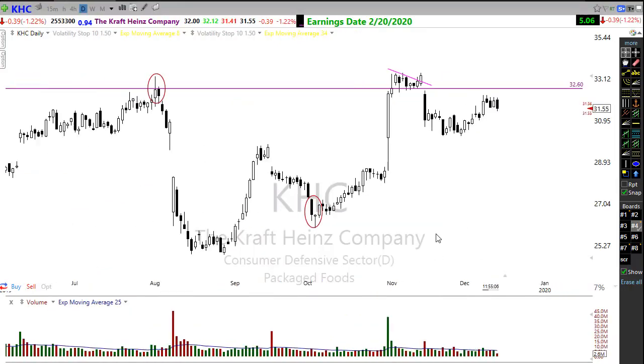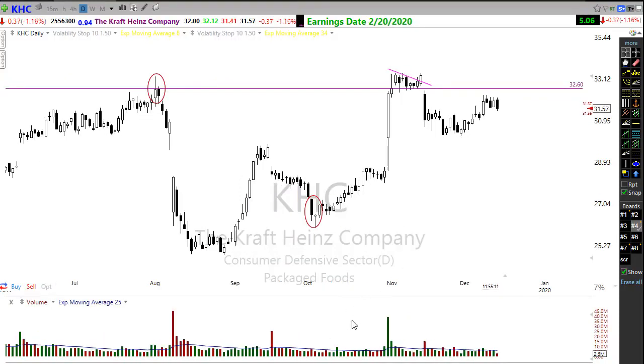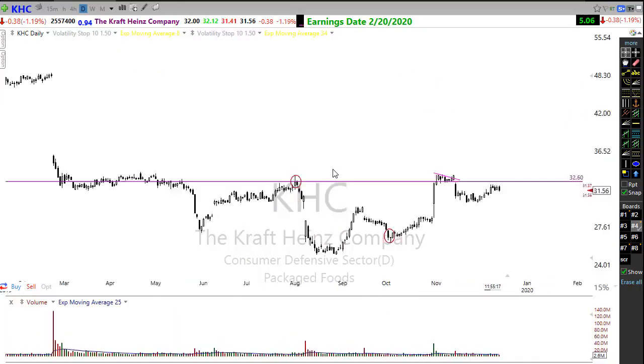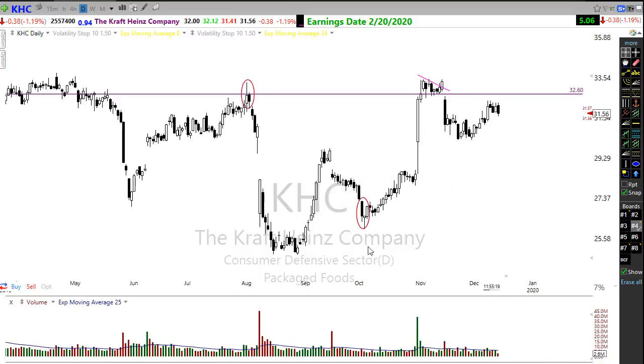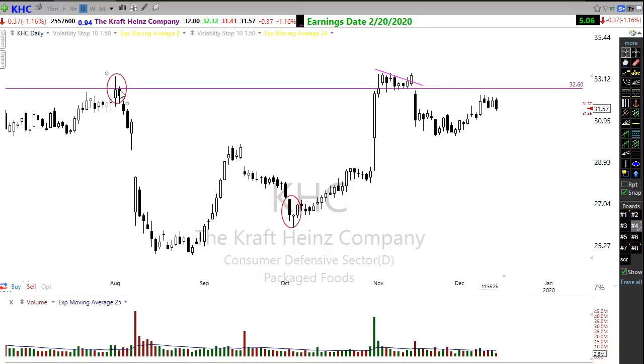KHC. Price resistance in the chart. We found kind of a little shooting star. You could call this a dark cloud cover, giving us that indication of that top.